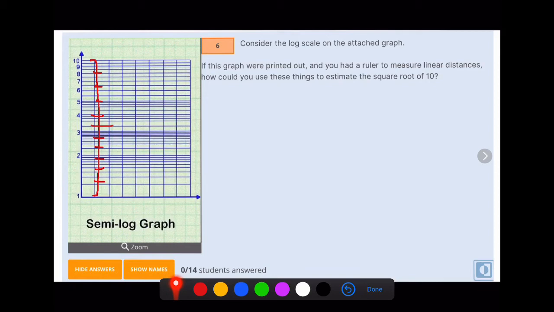Well, it would have to be more than 1. If it were 1, then you could multiply it as many times as you want, and you never get anything but 1, so that's too small. If it were even smaller than 1, when you multiply by itself, it would get smaller and smaller and smaller, farther away from 10. That wouldn't do, so it would have to be greater than 1.